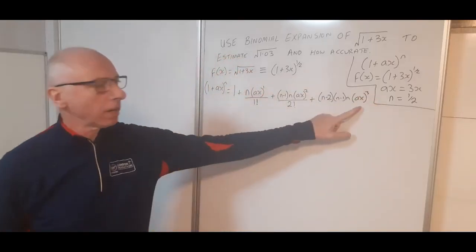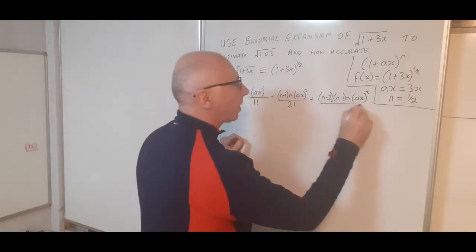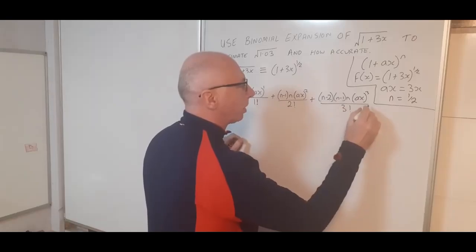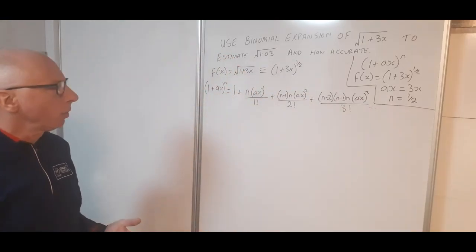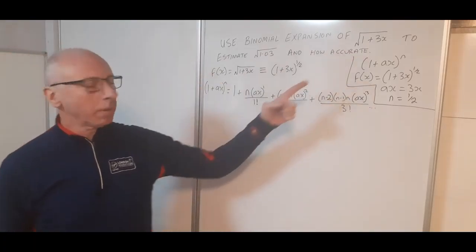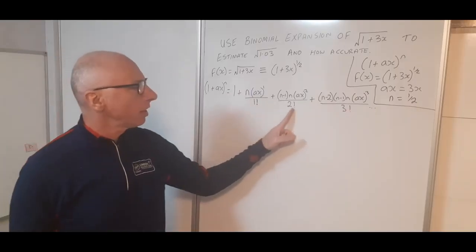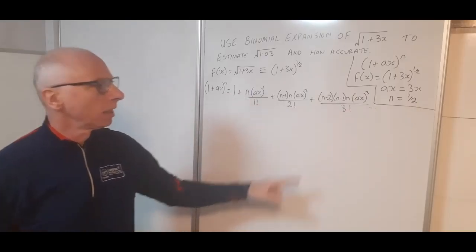Remember to use the brackets around the ax, and divide that by 3 factorial, and so on. And that can keep going on for as many terms as you wish. For this estimation, I'm going to use this, this, and this term here.